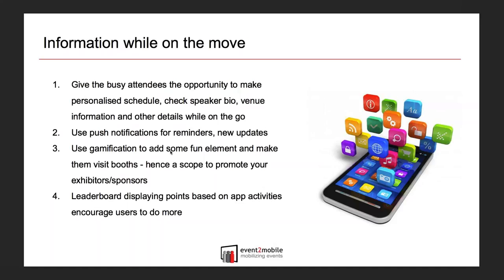So what the app does is, now these people are going to have access to this app in advance. They can look at the entire event schedule. They can look at all the sessions that are going to happen there, and they can then go ahead and personalize their schedule.